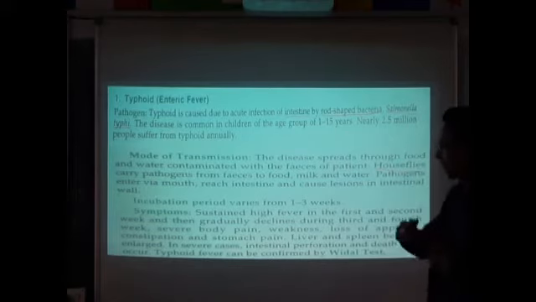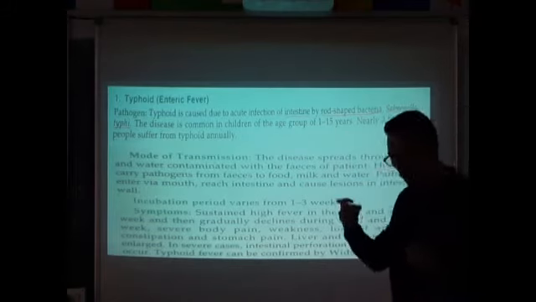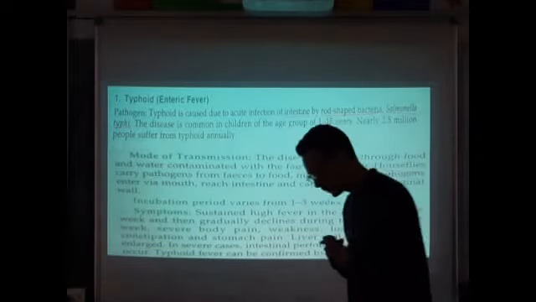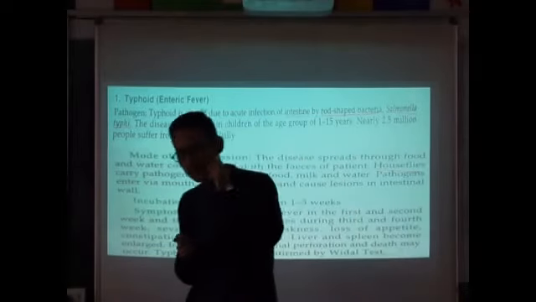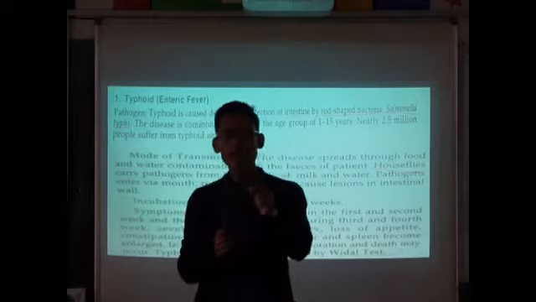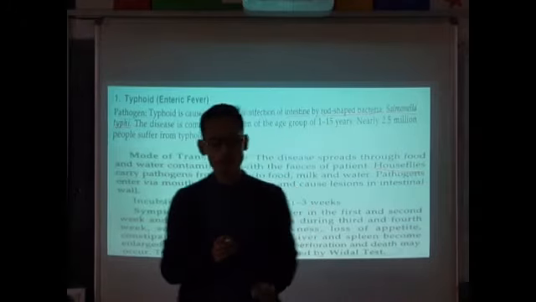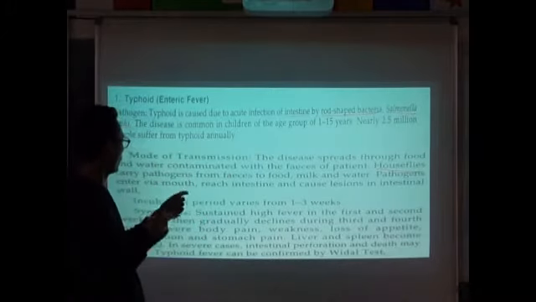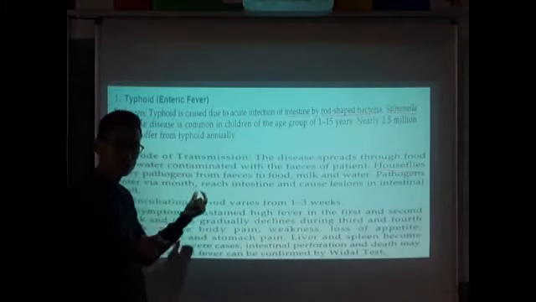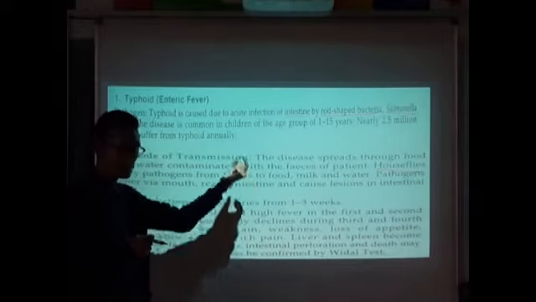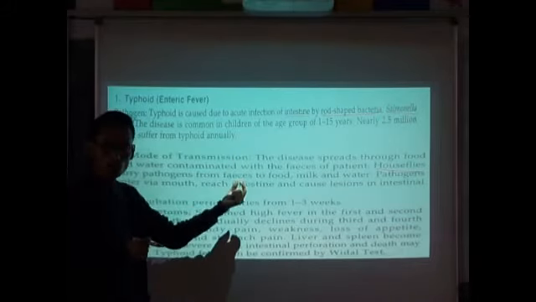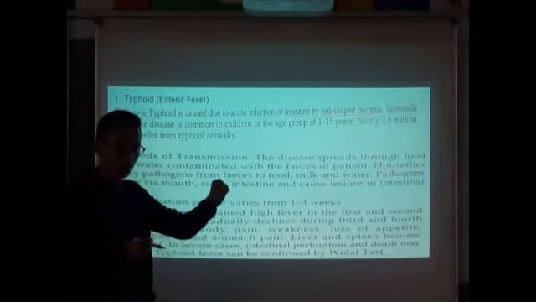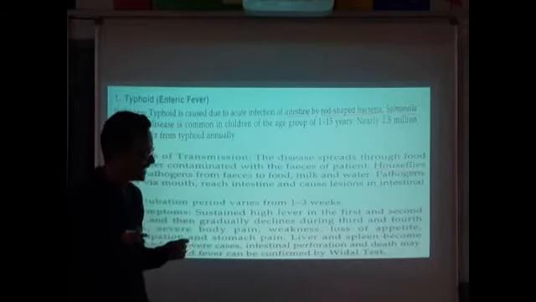Mainly those who are infected with typhoid, this particular bacteria will be excreted through their fecal material, through their feces. So housefly is the carrier. They will carry the pathogen from the fecal material or from excreta to the food, to the water, or any other eatables that we used to eat.